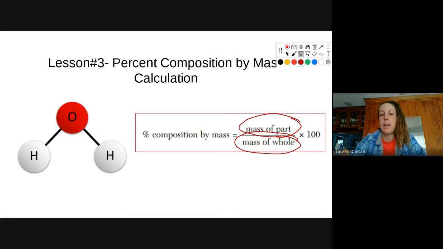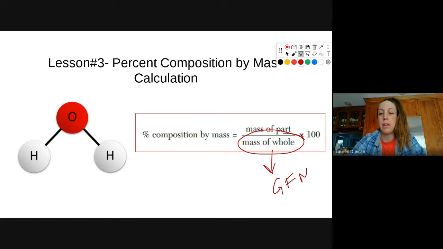And then to turn that into a percentage, you need to multiply the resulting decimal by 100. Okay, so for our purposes, the mass of the whole thing would be the GFM. So there it is again. We're going to use it in today's calculation. So let's talk about why we're going to use the GFM in today's calculation.